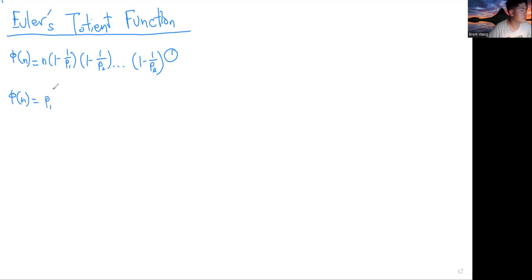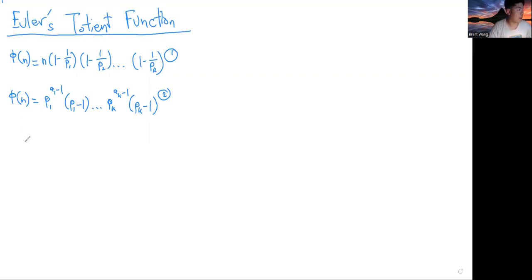P1 to the A1 minus 1 times (P1 minus 1), dot dot dot, all the way to Pk to the power of Ak minus 1 times (Pk minus 1). So this is the second formula you could use. You could use those numbers I used earlier, 50, 60, and 500, and either formula is fine.